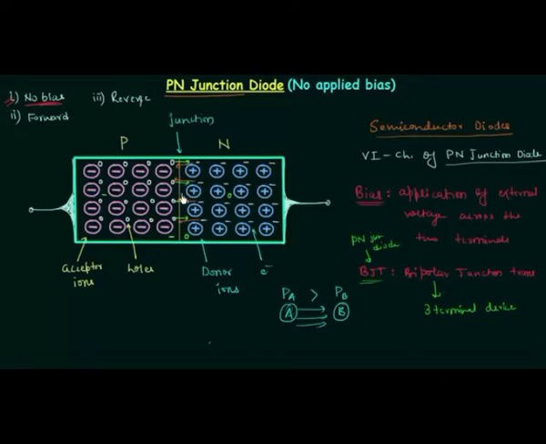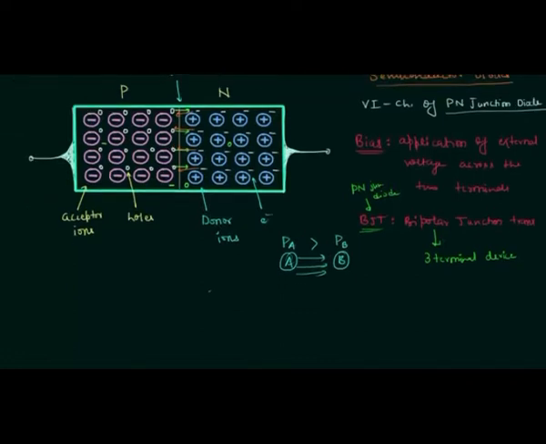As you can see, we have movement of charge through the cross-sectional area. If we consider this junction, and let's say the area of junction is A, then there is movement of charge carriers through this area, and whenever this happens, there is current. The process of movement of charge carriers from high concentration to low is called diffusion, and we call this current diffusion current.